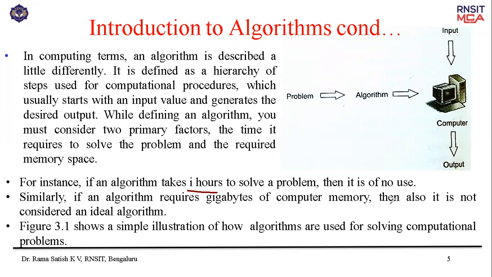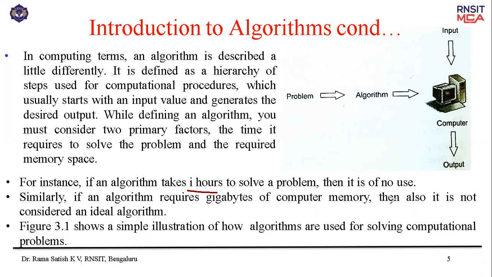So an algorithm should take less time and less space. Of course, today people are not worried much about space. Even if your program takes more space, they may not object. But time is very important. So the algorithm should be quick enough to adapt. That is a very important thing.